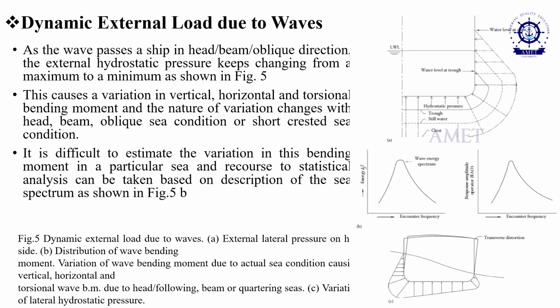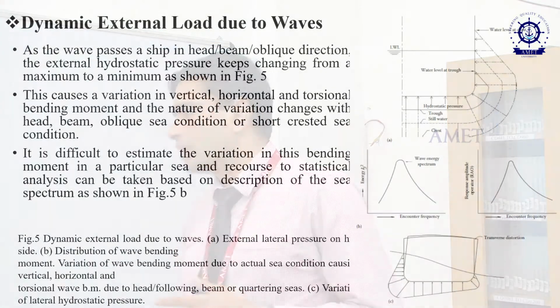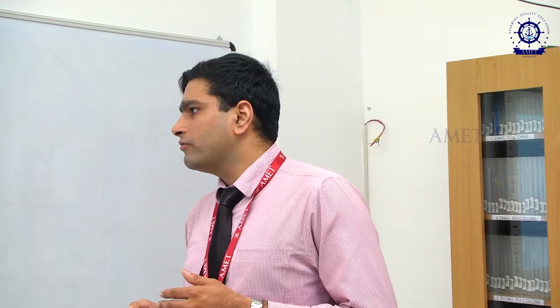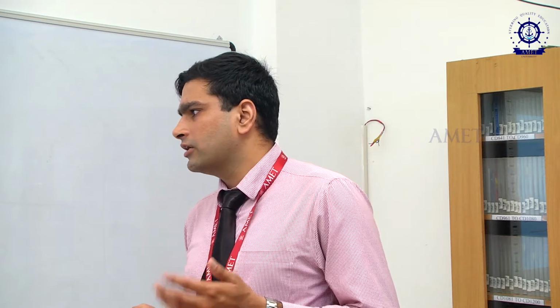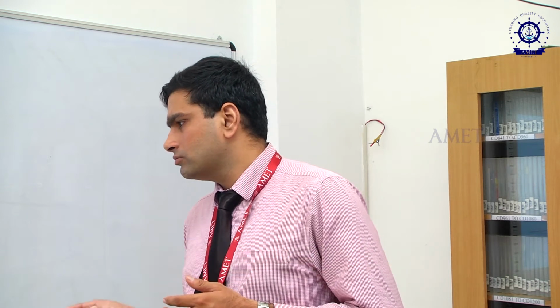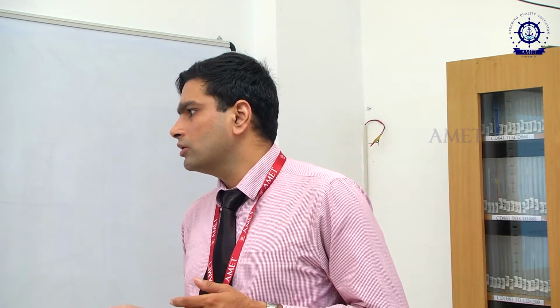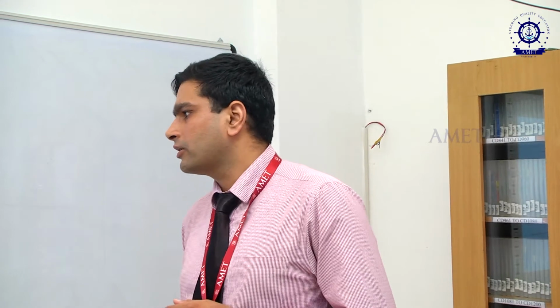It is difficult to estimate the variation in the bending moment in a particular sea, and recourse to statistical analysis can be taken based on the description of the sea spectrum, as shown in diagram B, where the wave energy spectrum is plotted against the energy and the encounter frequency. This is another visualization to support how the dynamic external loads are acting onto the ship.